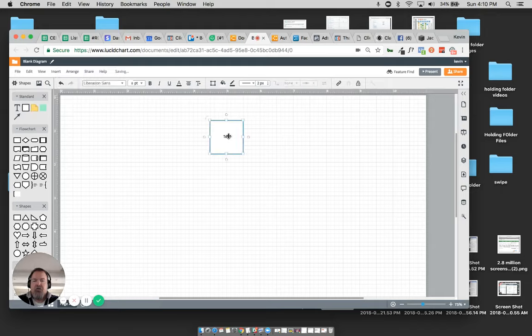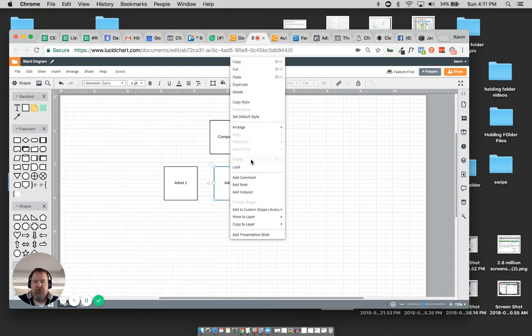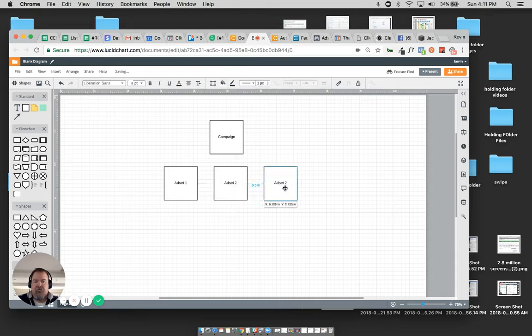So at the top, we will have a campaign, and then underneath that, we would have ad set 1, ad set number 2, and potentially ad set number 3, or in some cases you have hundreds of ad sets underneath.